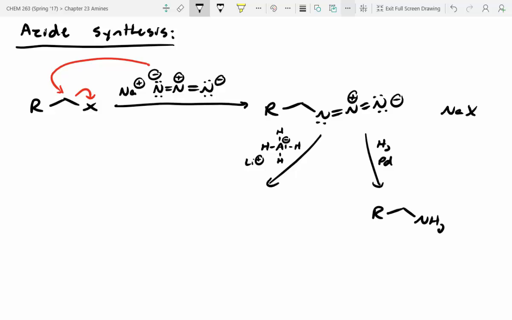So with lithium aluminum hydride, all you're going to do is have a hydride basically attack in, let me change it to red, to this nitrogen, pick off electrons over here. Let me clean this up a little. There we go.